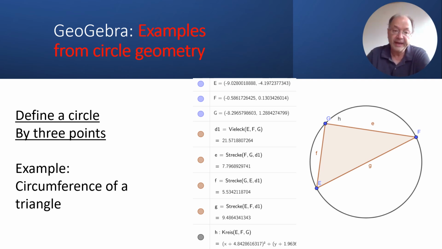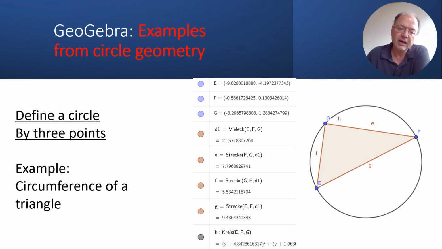Another example from circle geometry is about the circumcircle of a triangle. The center of the circumcircle is the common intersection of the three perpendicular bisectors of the triangle.